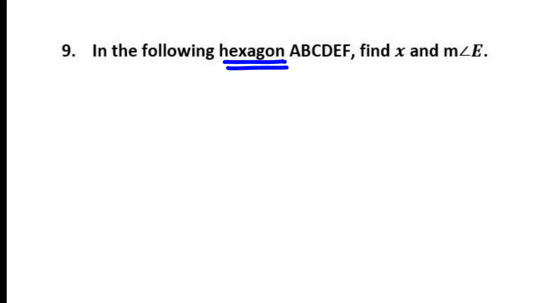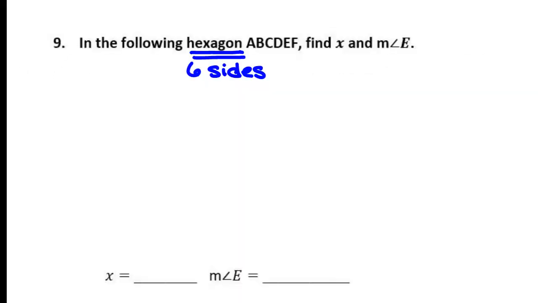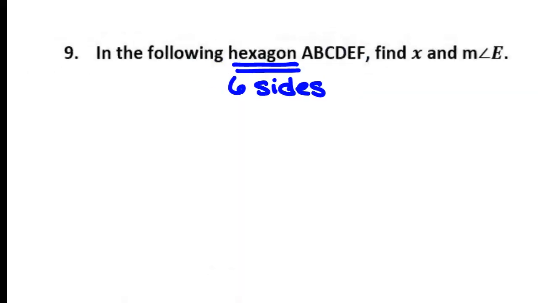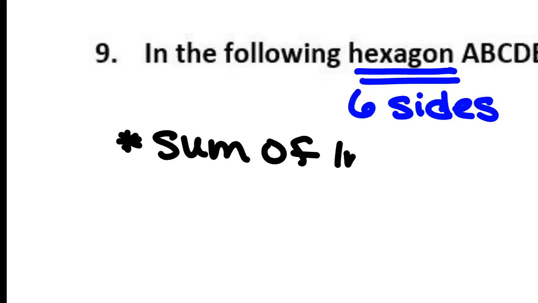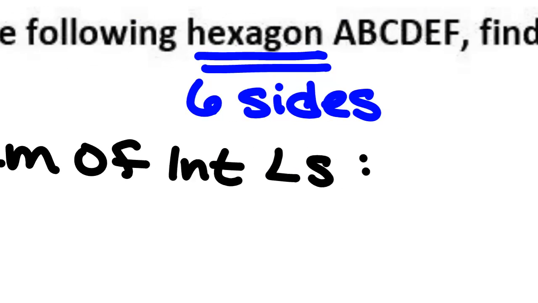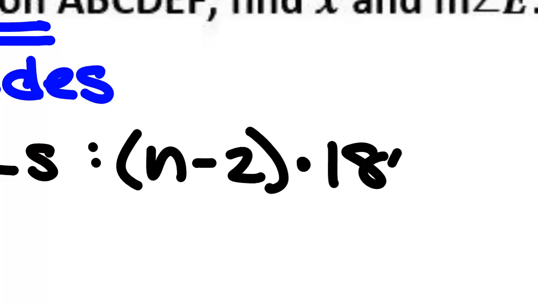How many sides does this figure have? How many sides does a hexagon have? 6 sides. So even though it didn't ask for it, the first thing we need is the sum of the interior angles. How do we find this? N minus 2 times 180.